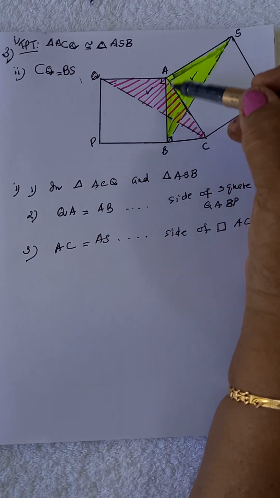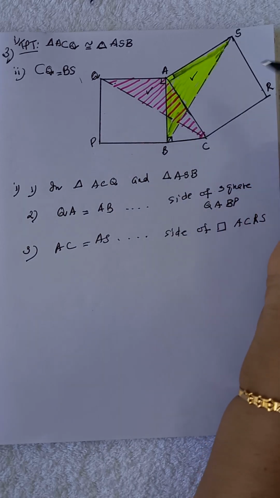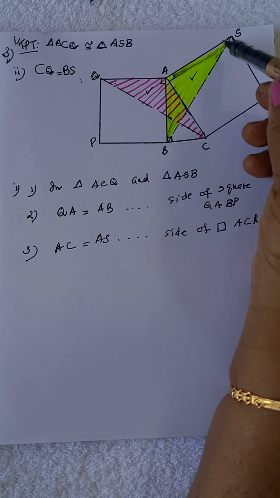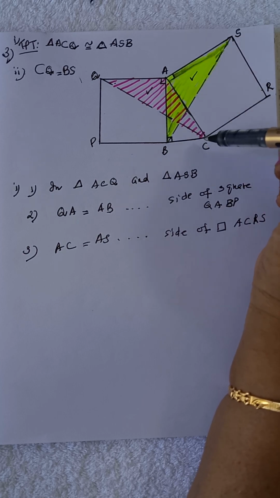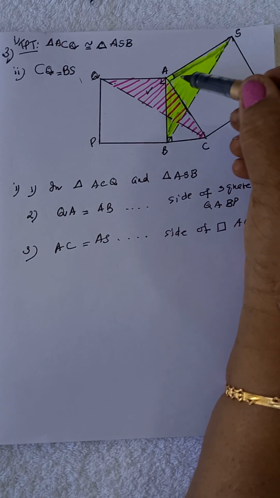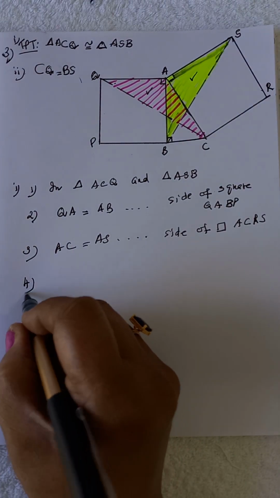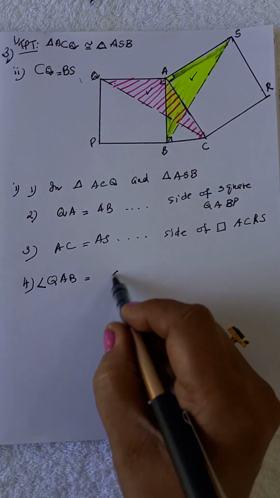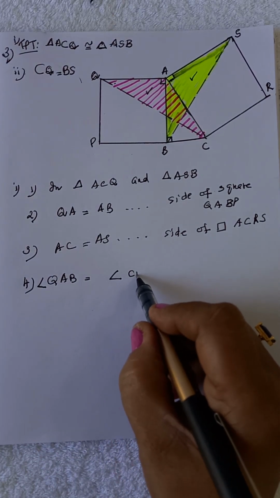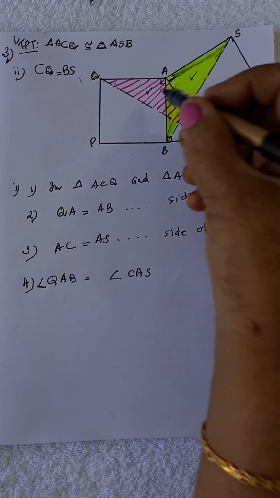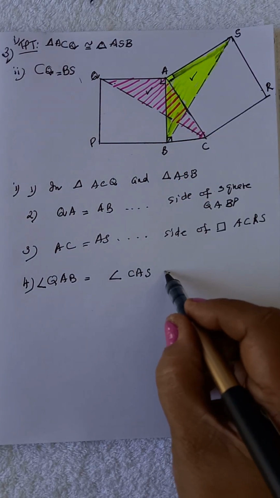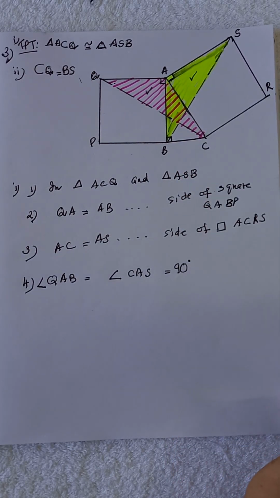For that, QAB, we know this angle is 90 degree. That is angle of square. Again, for this square, angle CAS, that also is 90 degree. So we can write fourth point as angle QAB is equal to angle CAS. These two, that is equal to 90 degree.